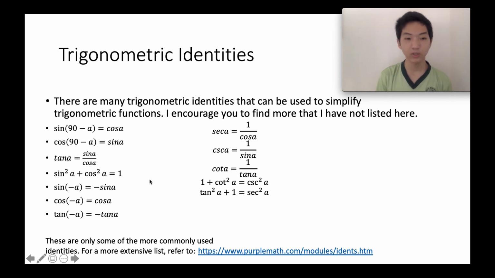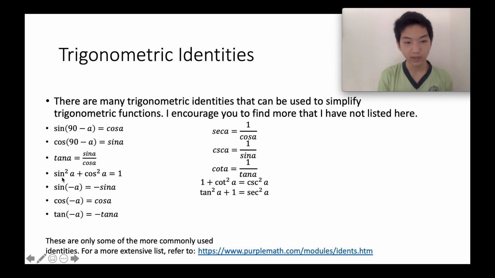So in case you're wondering why tangent 90 is equal to 0, this is why, because tangent 90 would be equal to sine 90 over cosine 90, but cosine 90 is 0, and you can't divide by 0, so that would be undefined. Another very important one is sine squared alpha plus cosine squared alpha equals 1.